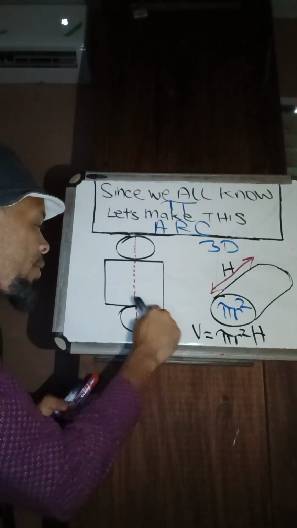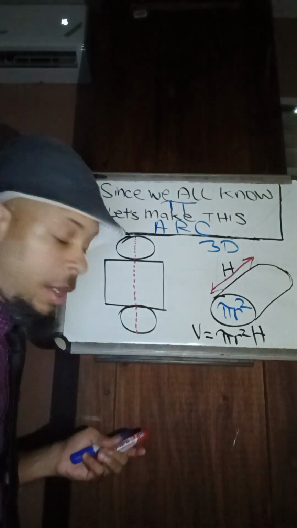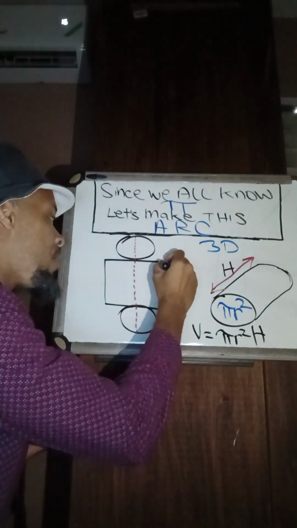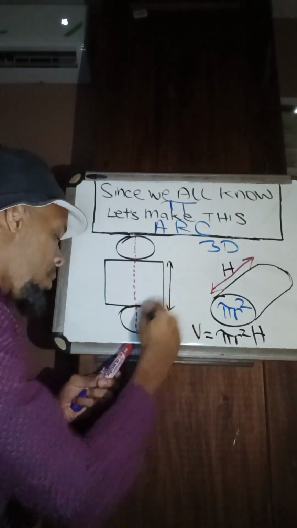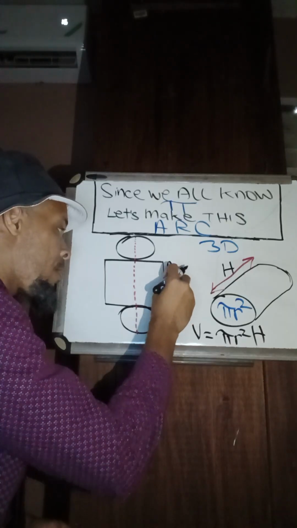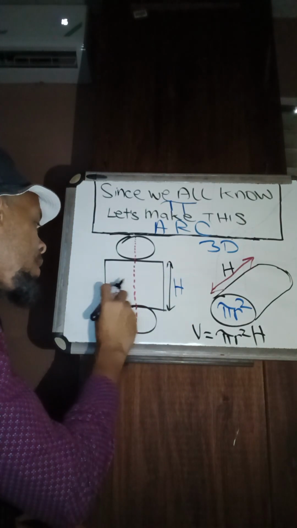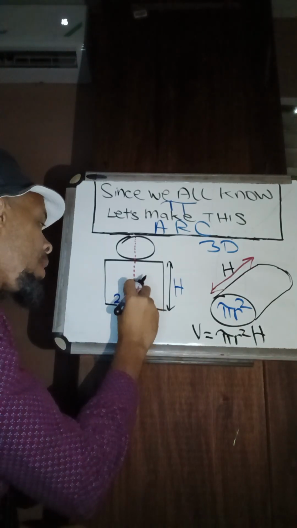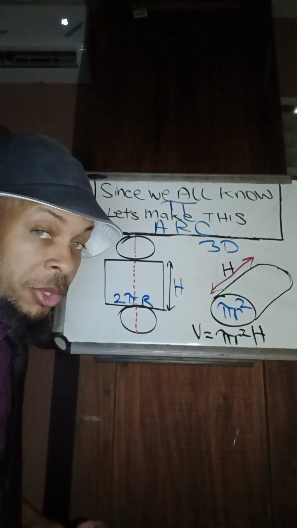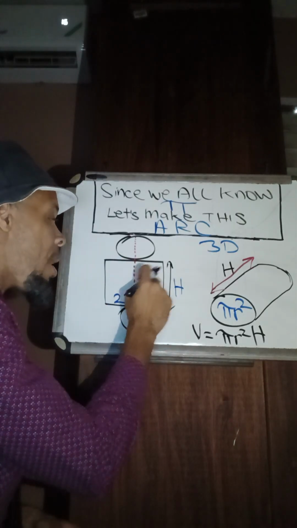Therefore, the length of this part that bends this way is 2 pi r. So one part of it is your height, but the other part is 2 pi r. The area of this rectangle here is 2 pi r h.